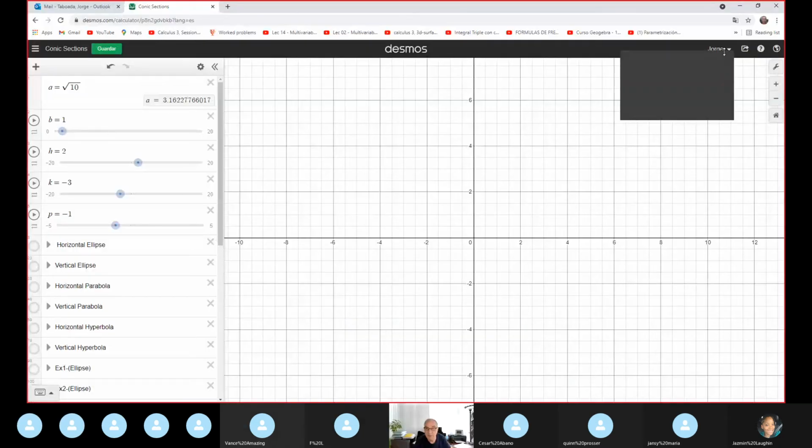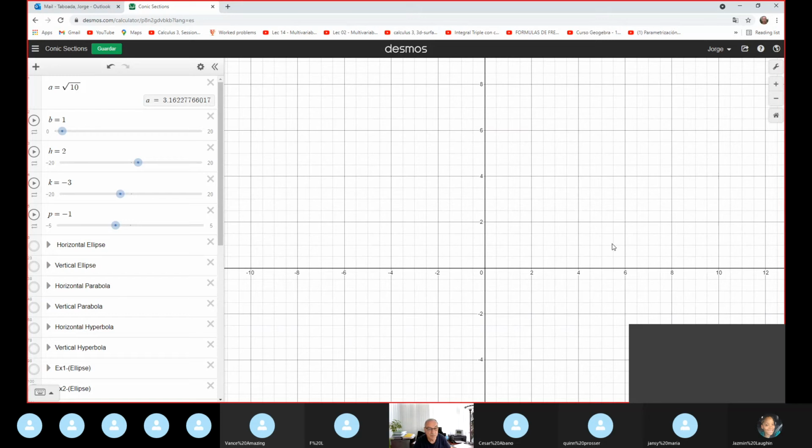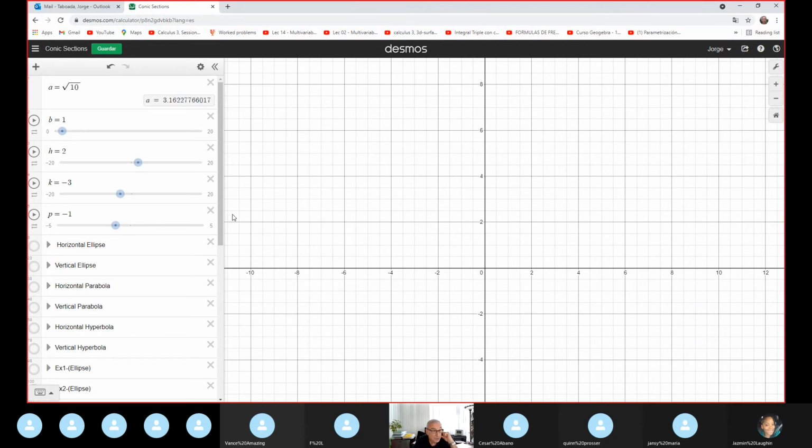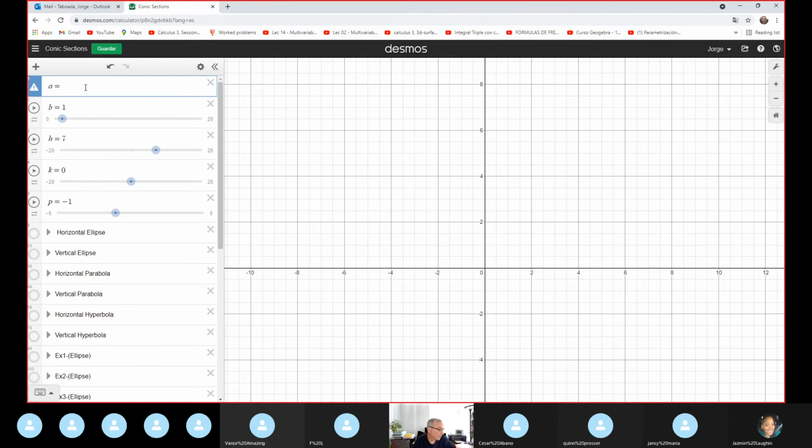Do you see Desmos now? Okay. In our example, h is equal to 7. K is 0, so we have no translation. However, A is 5 and B is 1.